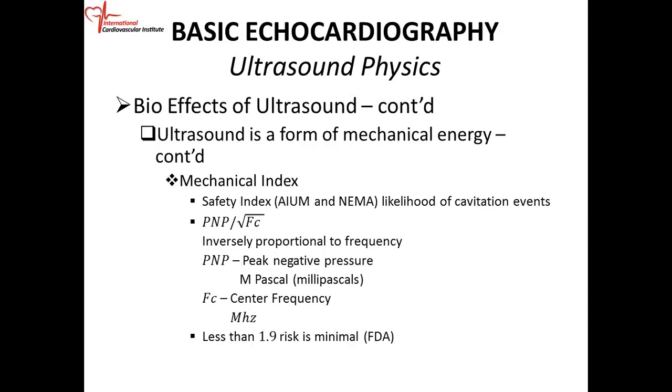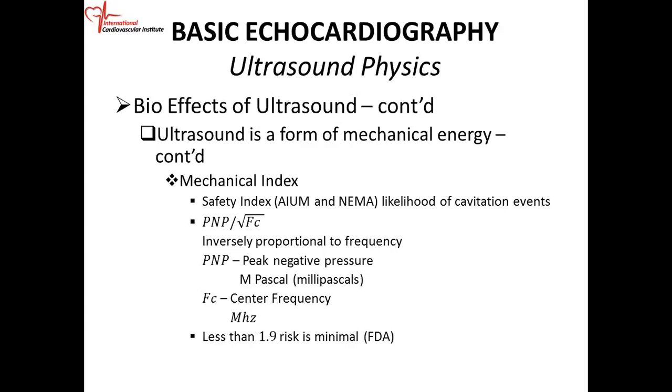The microbubbles will outline the heart cavity, and then we can see the wall. So we can talk about ejection fraction and then wall motion abnormality. So microbubbles in echo is crucial. But if the MI is too high, you're going to destroy the bubbles. You're not going to see anything.